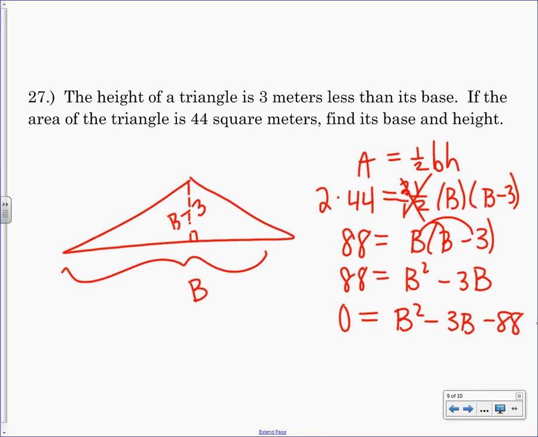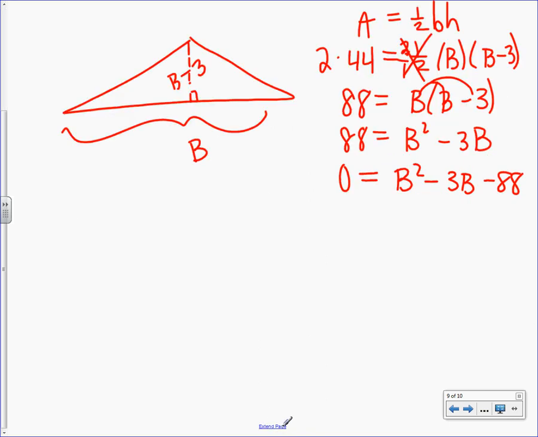If I've lost you somewhere, ask me a question before we finish it. This is back to algebra 1 now. Are we okay? Okay. So from here, you can try to factor. If factoring is easy and quick, I think it's worth your time to do. If not, what could I do?